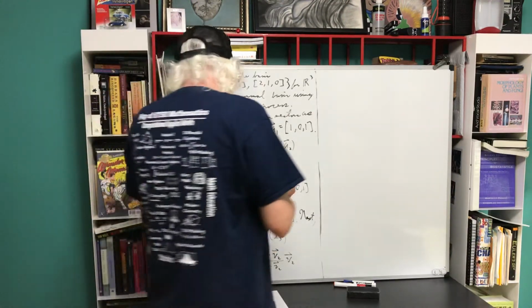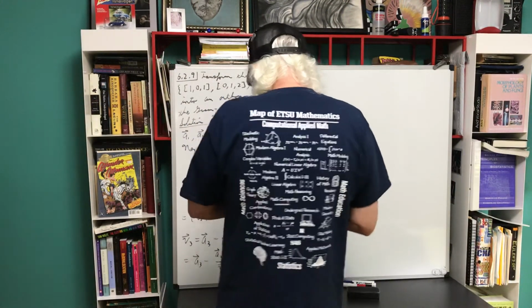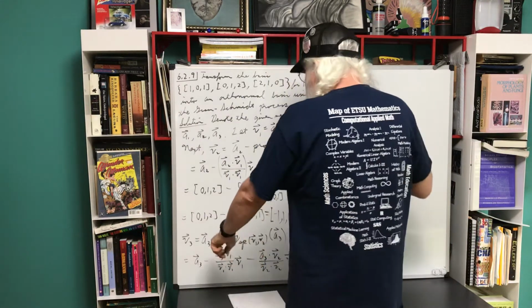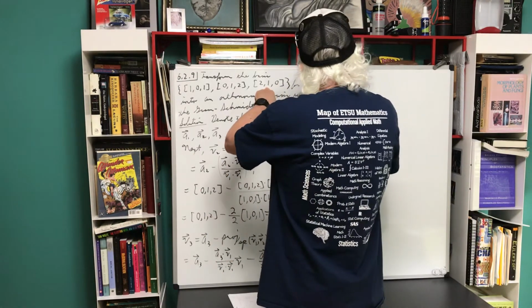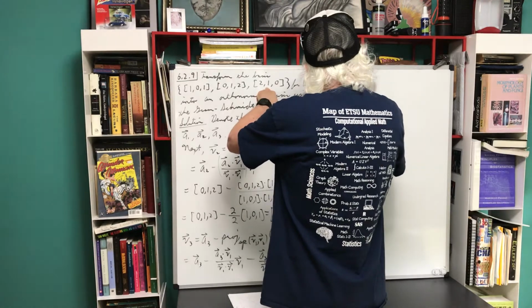Okay, so let's compute exactly what we get out of all those dot products. A sub 3 is the third given vector, so that's 2, 1, 0.